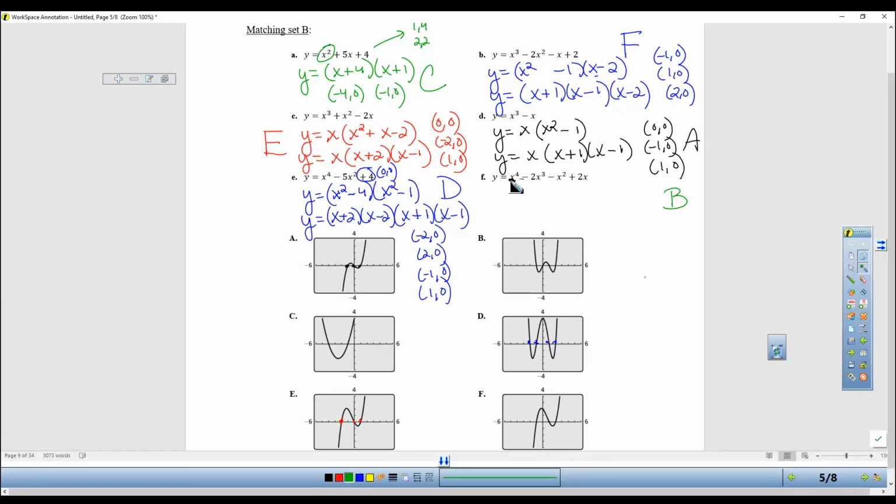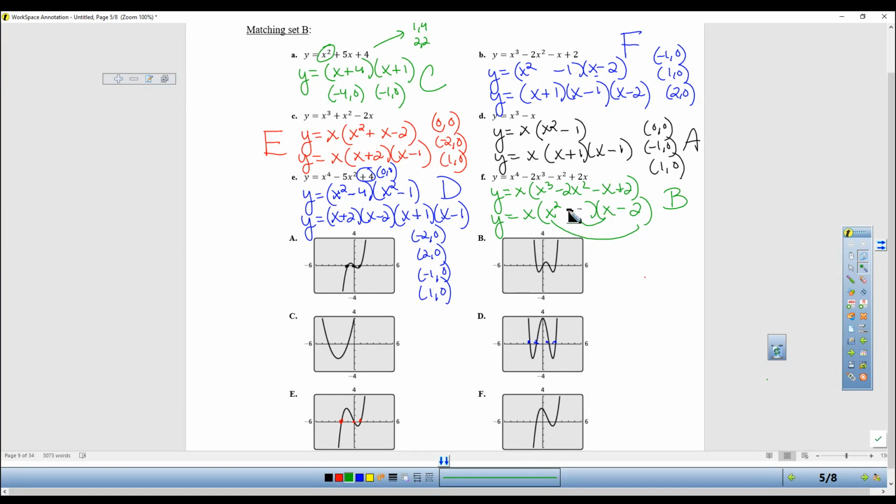I factor out the x, which gives me x cubed minus 2x squared minus x plus 2. I have 4 terms, which I love because it's a little more obvious what the answer is. I know that this is 2 and 1, but I know the 2 needs to go with the x squared for my outer, and it needs to be negative.